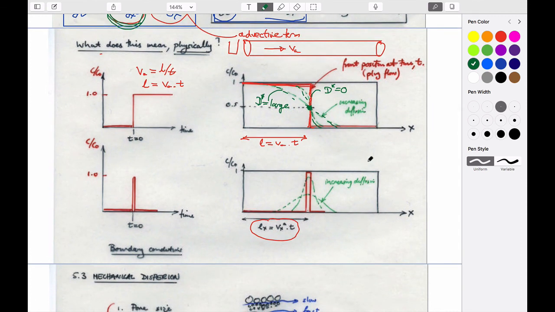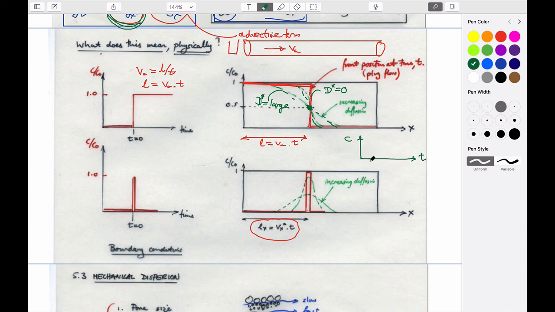If you looked at the RTD curve, which would be this concentration versus time rather than space. So this is the upstream boundary condition. This is the flow domain. This is the downstream arrival behavior, if you like, on the right-hand side.